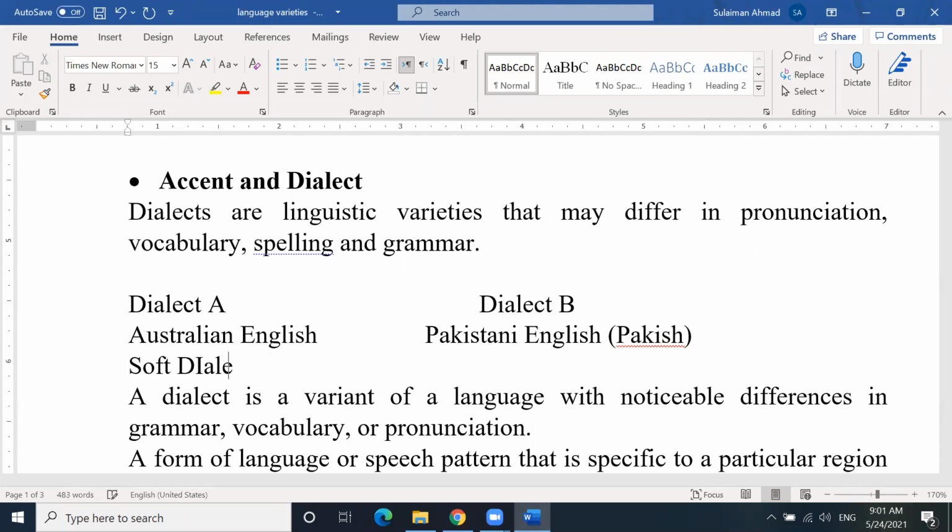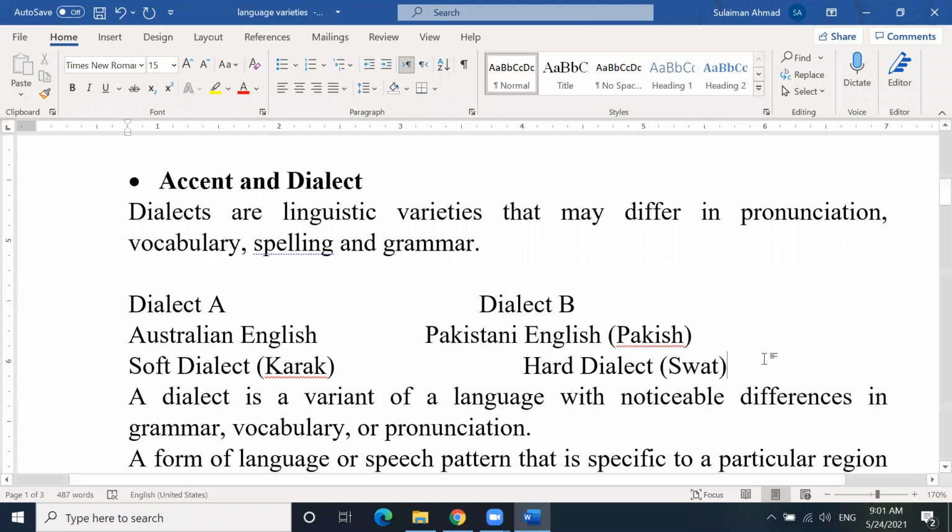Soft dialect of Pashto and hard dialect of Pashto, right? Or the Pashto, for example, which is spoken in Karak, and the Pashto which is spoken in district Malakand or Swat, right?